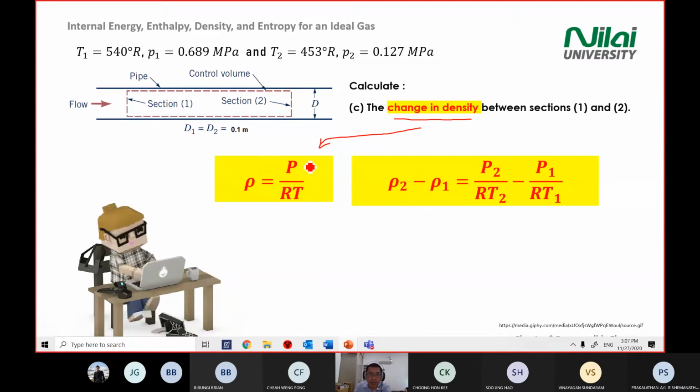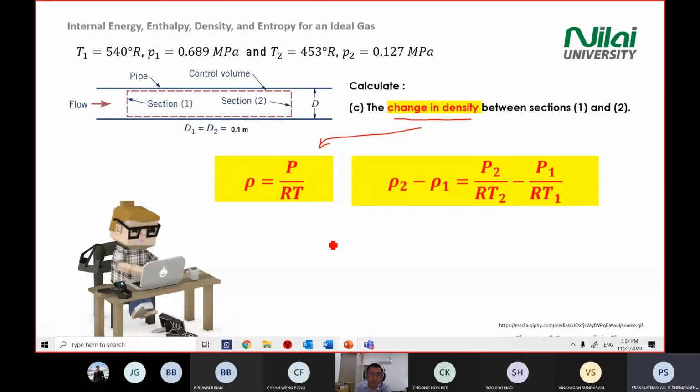You write in the equation of state, meaning equation of state number 1, you have P divided by RT, where all the parameters here refer to section 1, and all the parameters here refer to section 2. We always take the second one minus the first one, meaning output minus input, 2 minus 1. So we rewrite the equation of state inside here.